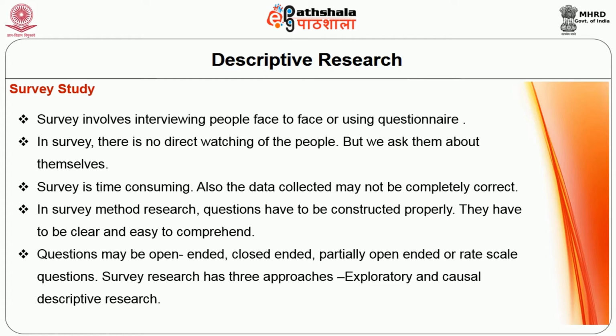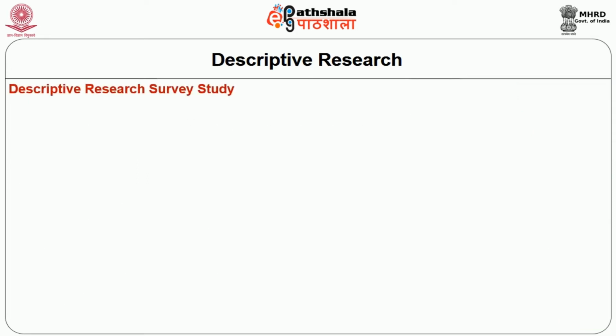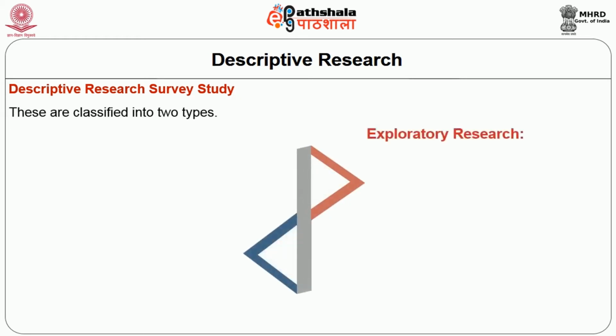Survey research has 3 approaches: exploratory, causal, and descriptive research. Descriptive research is also classified as a type of survey in general, the other 2 being exploratory research and causal research.